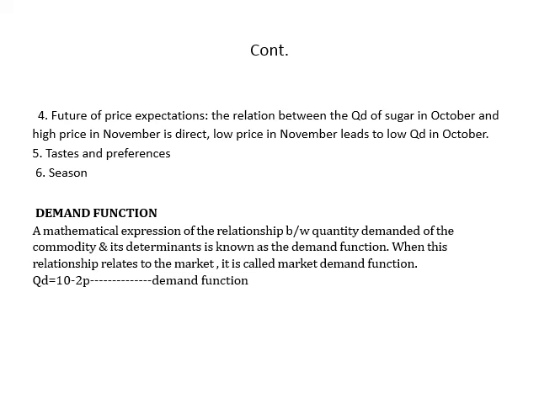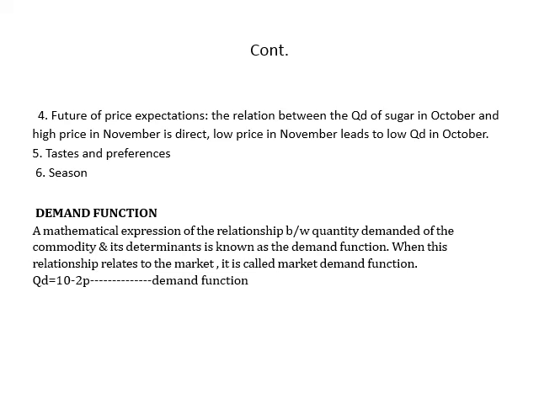Let's see, QD equals 10 minus 2P, minus because the relation between QD and price is inverse. If the sign here is positive, plus, then the relation between price and quantity demanded is direct. Now, this function shows that the quantity demanded depends on price.